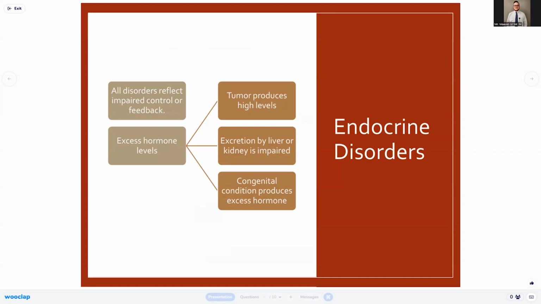Tumors that pop up on certain glands can act like that gland and overproduce a certain hormone. Or excretion or storage of hormones is impaired because the liver can't metabolize or the kidneys can't get rid of things in the urine. And there's other congenital defects that would cause excess hormones that people are predisposed to based on genetics. It kind of depends.